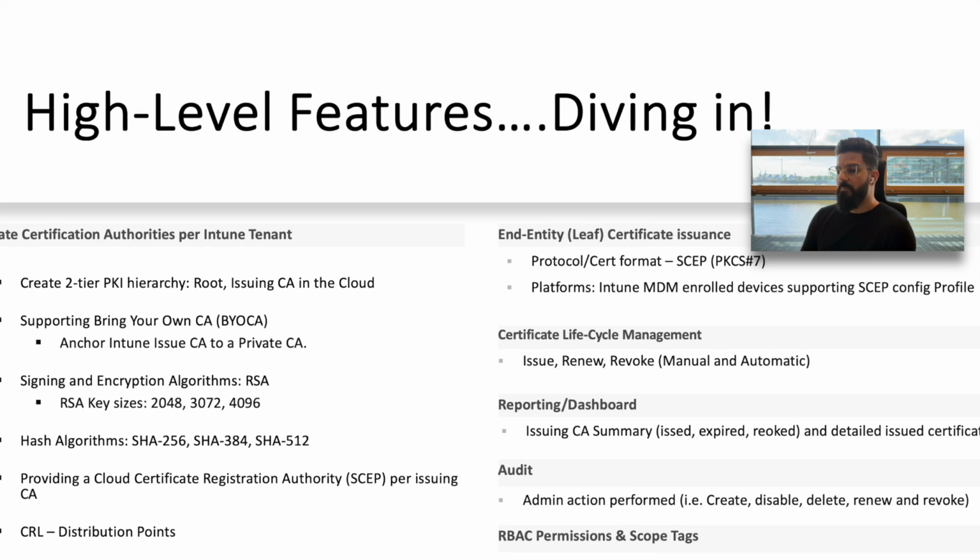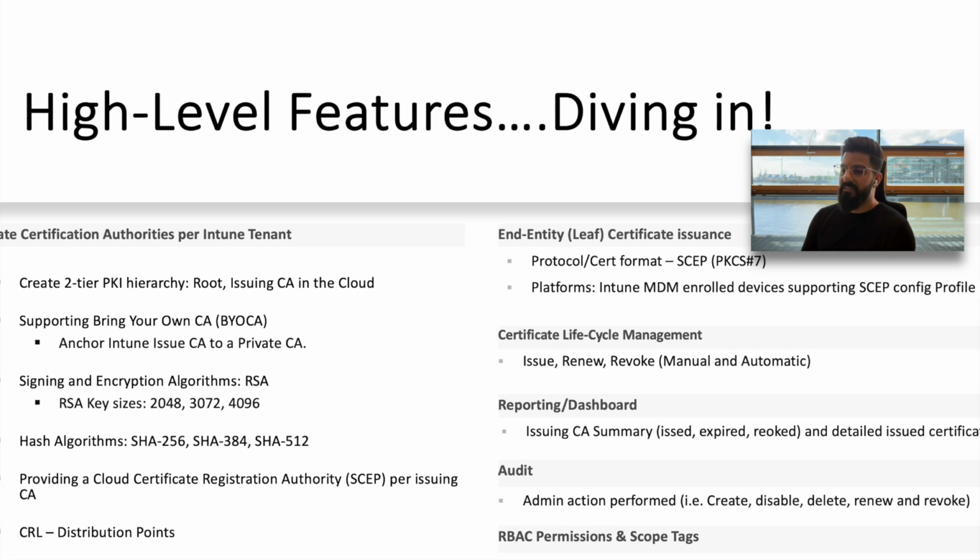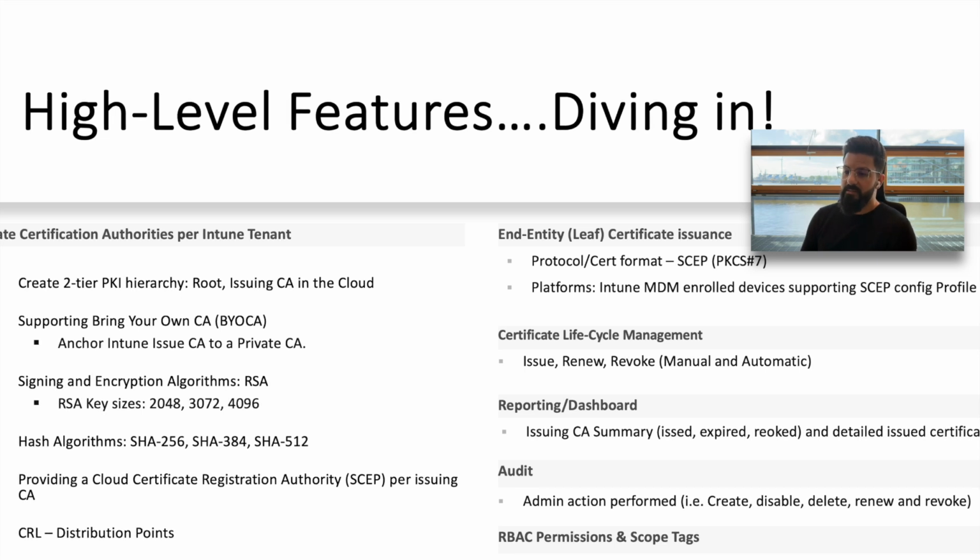So if there are multiple PKIs in your Intune tenant and you have different administrators of a different line of businesses within your organization, and you want visibility and control over those, scope tags is where you go to take care of those kinds of things.